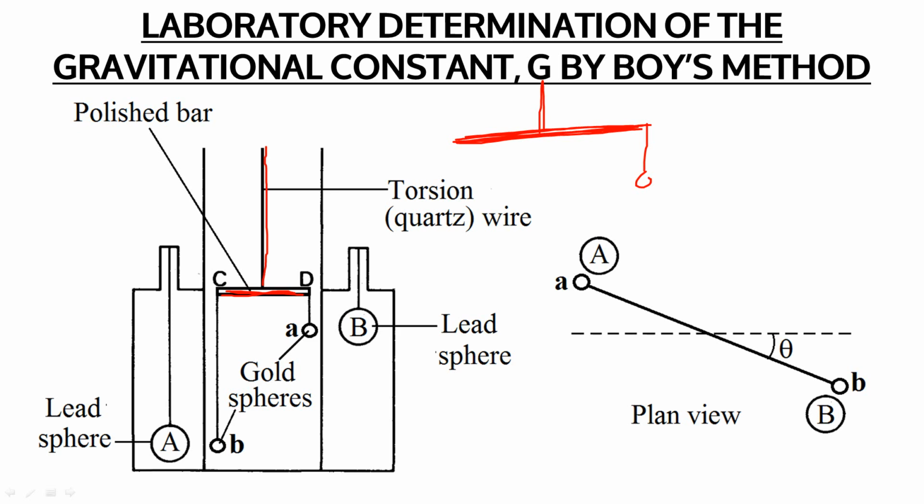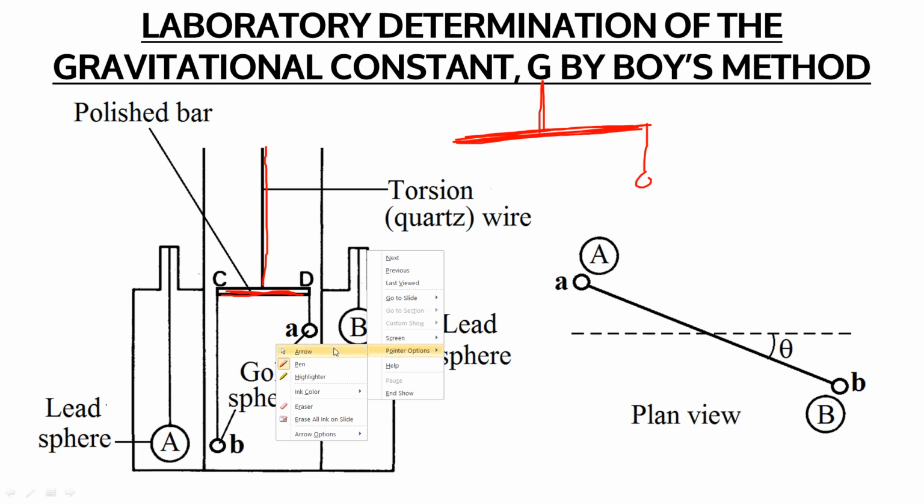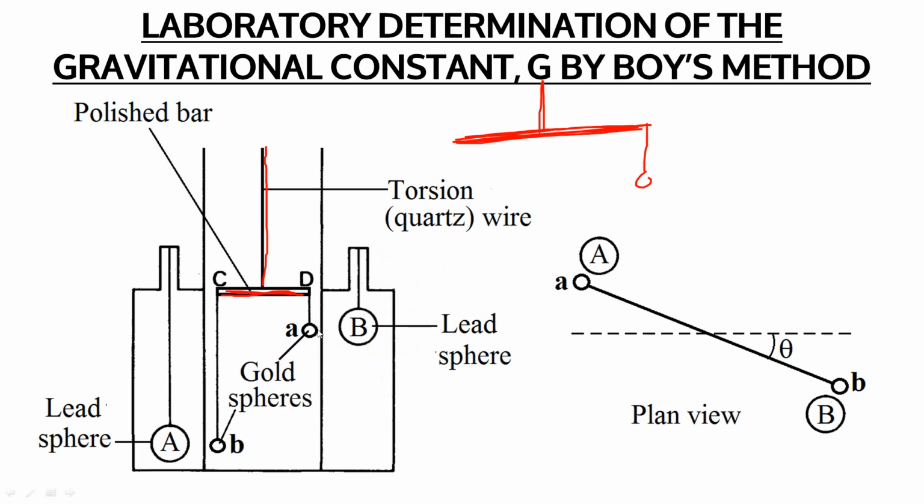Then we have here two gold spheres, and they're identical, A and B. Now, next to these, we will have lead spheres, bigger ones, and they should also be of identical masses. And this setup should be shielded from wind currents, because remember, you're going to measure a very small angle.